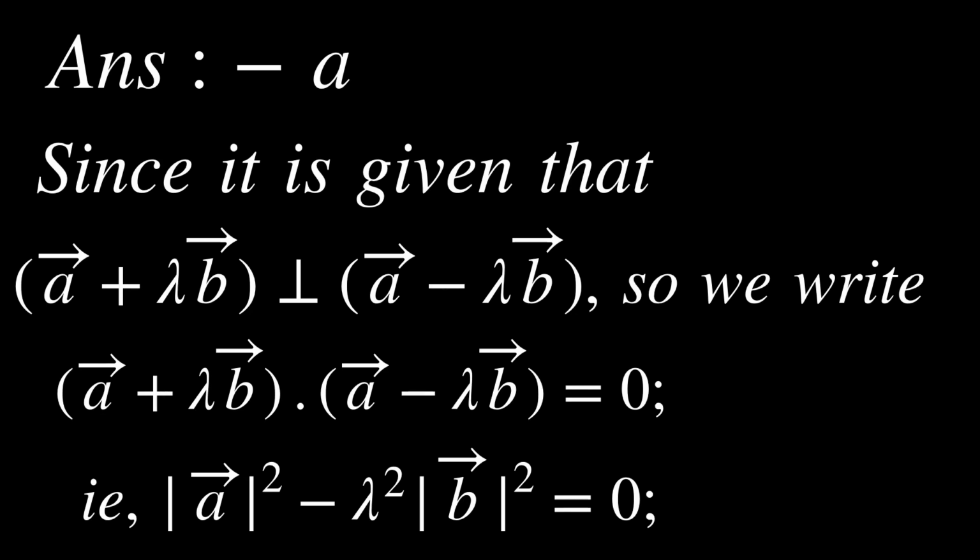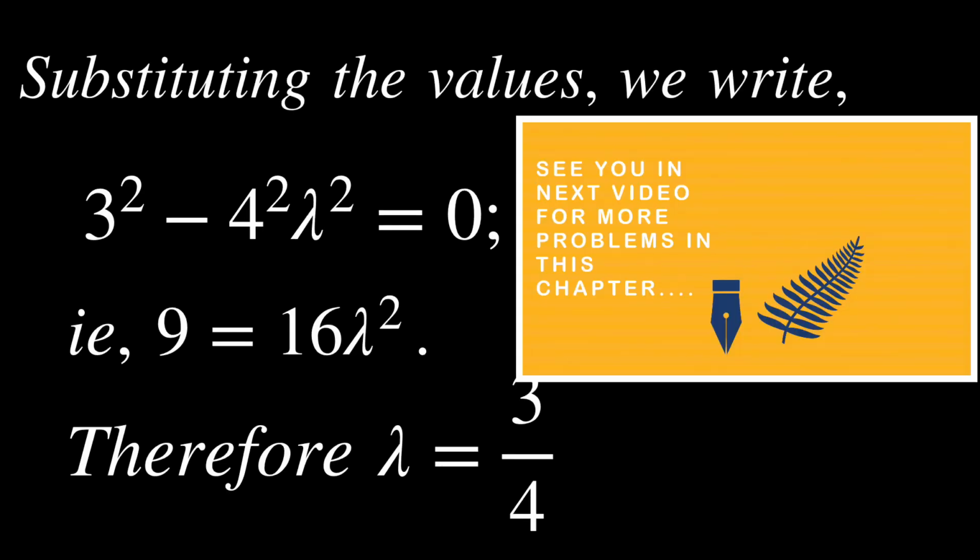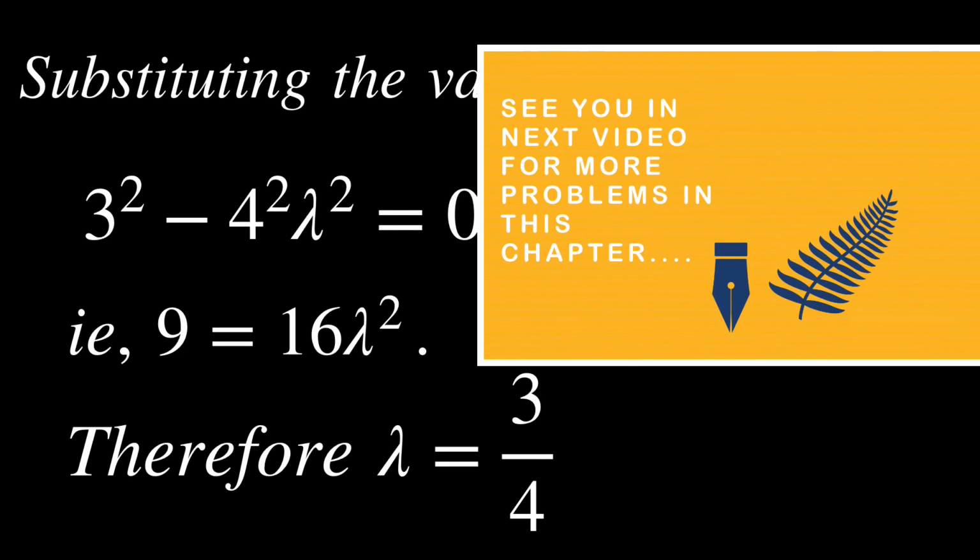So we can write A plus lambda B dot A minus lambda B is equal to 0, which on simplification we get modulus of vector A square minus lambda square modulus of vector B square is equal to 0. Now we can substitute the value of modulus of vector A and modulus of vector B in the above equation. We get 3 square minus 4 square lambda square is equal to 0, which on simplification we get 9 is equal to 16 lambda square. Therefore lambda is equal to 3 by 4.